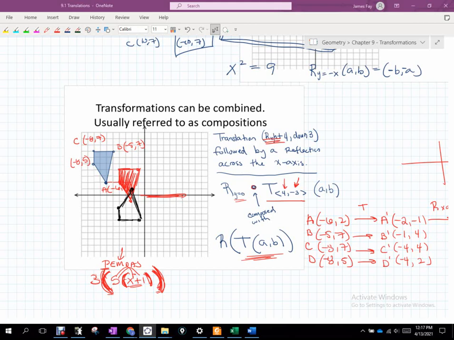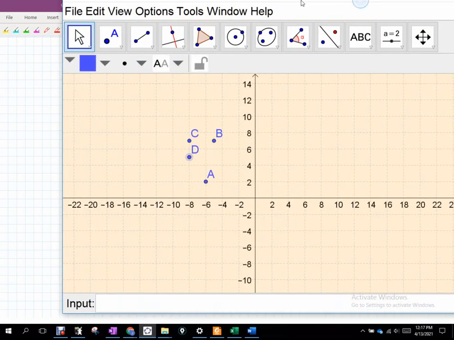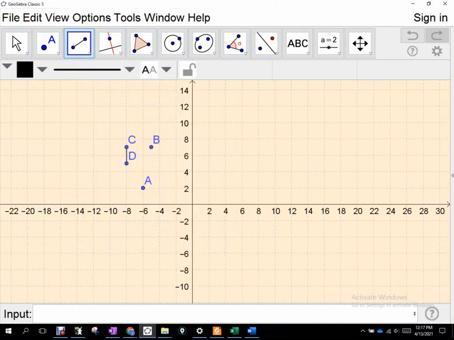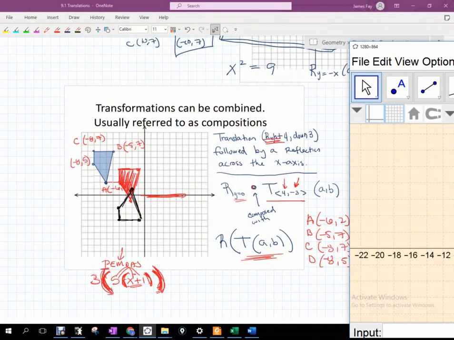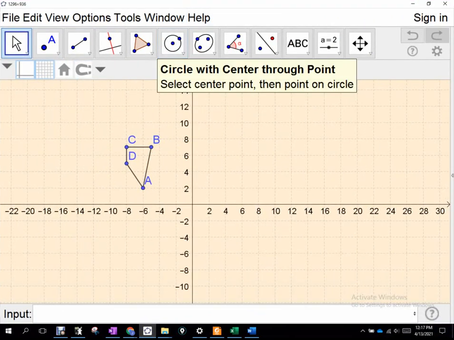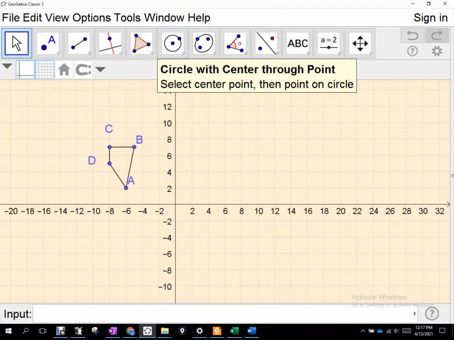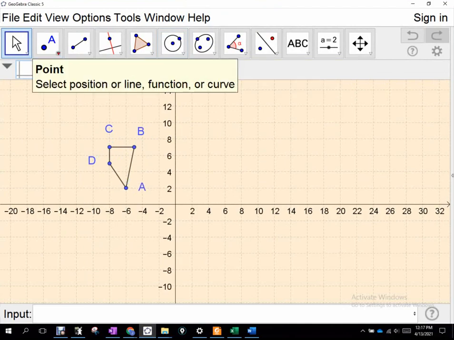And D, (-8, 5). All right, so those are the points that we provided in the original problem.